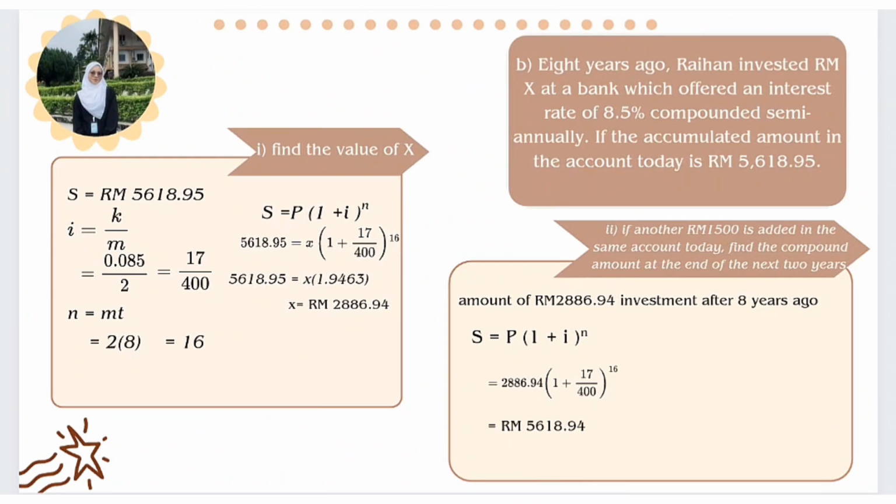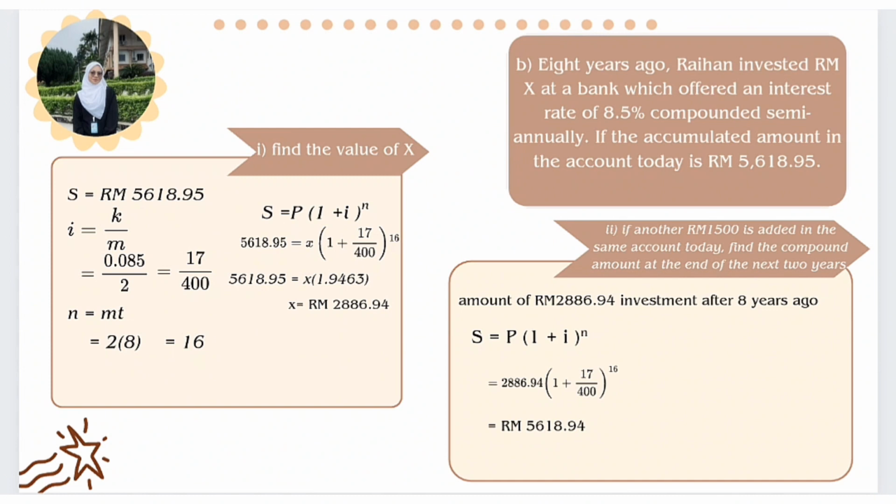B. 8 years ago, Raihan invested RMx at a bank which offered an interest rate of 8.5% compounded semi-annually. If the accumulated amount in the account today is RM5,618.95, find the value of x. So we already have S, which is 5,618.95, and we need to find i and also n. For i, 0.085 divided by 2 equals 17/400. For n, 2 multiplied by 8 equals 16.